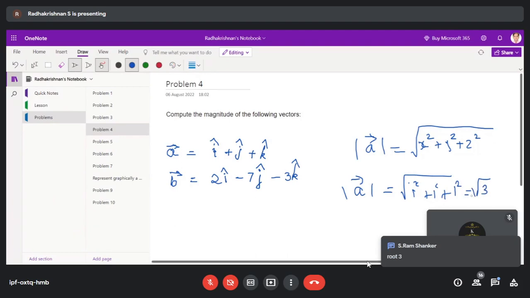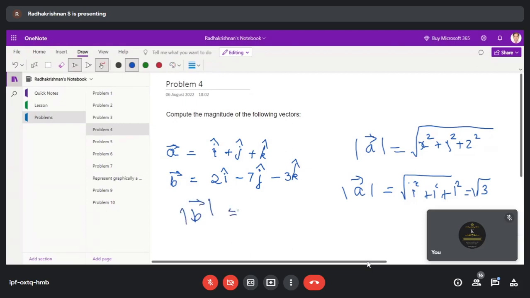That's all. So similarly, compute magnitude of B. Root of 2 square plus minus 7 square plus minus 3 square. So now everything becomes a positive quantity for us. 4 plus 49 plus 9. So add them, you get 62. That's all. Okay.